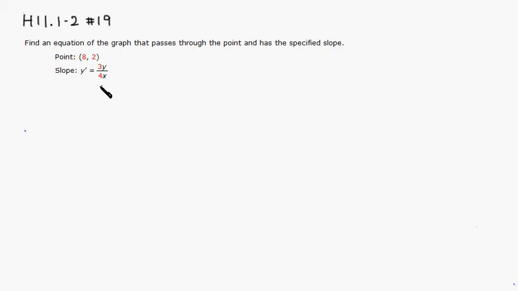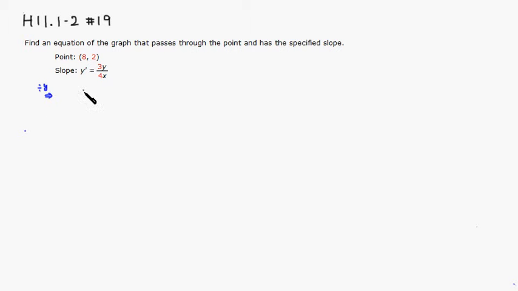First we want to solve this differential equation. This is a separable equation, so let's separate the variables. First, I'm going to multiply both sides by, say, x. Oh, actually, sorry, divide by y.